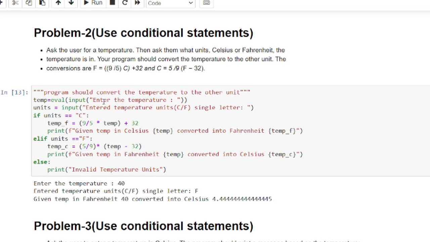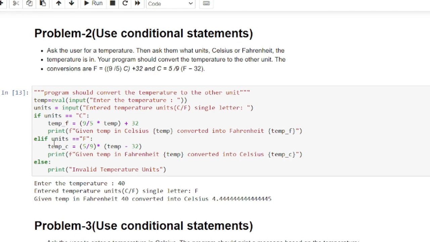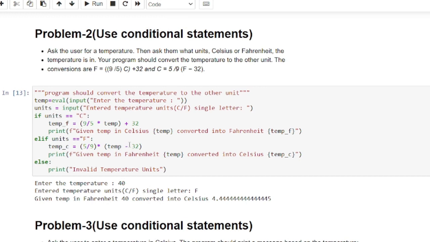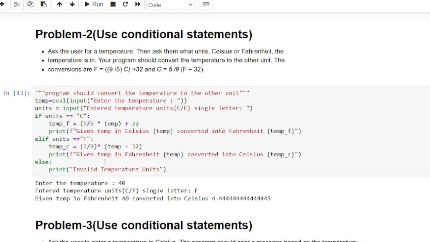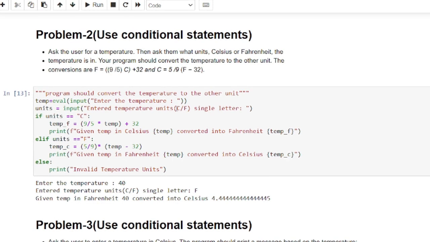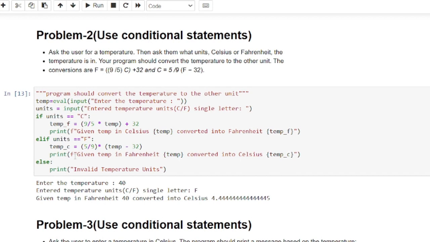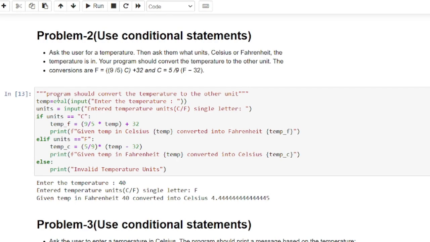If the units provided is Fahrenheit, then I am converting into Celsius: 5 by 9 times temp minus 32, the temperature in Fahrenheit minus 32, like that I am doing. If he does not mention Celsius or Fahrenheit, I am printing invalid temperature unit. This is problem 2.